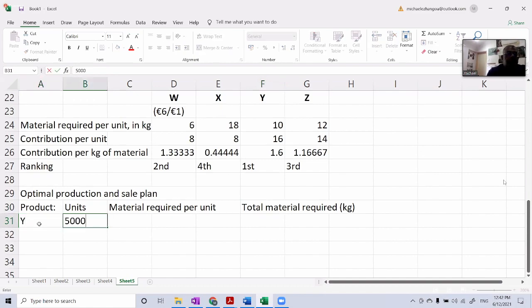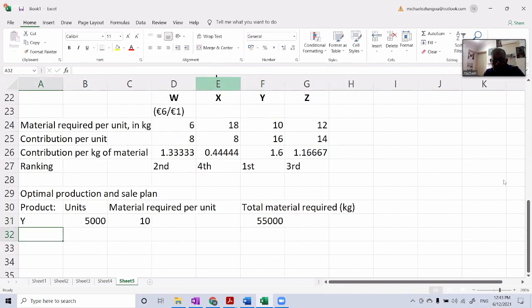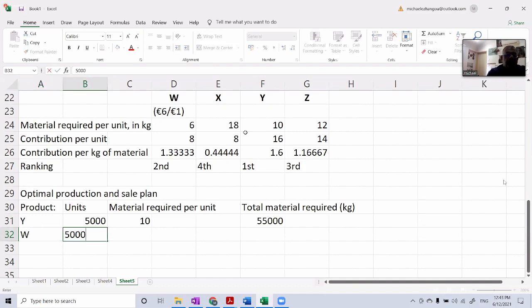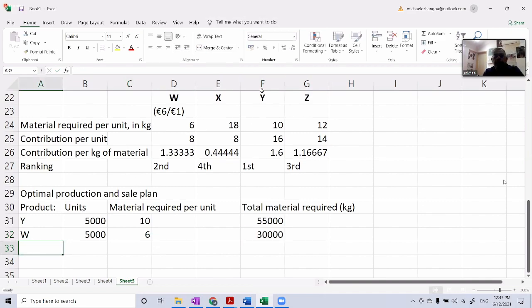Number of units is 5,000. Material required per unit is 10. 5,000 times 10 is 50,000 kg. Sorry, 50, not 55. Then W, 5,000 units, and 6, so 30,000. So Y, W, 50,000 and 30,000 is 80,000.